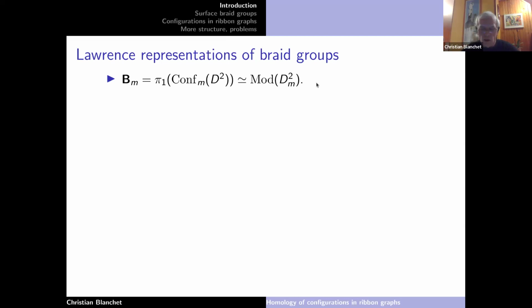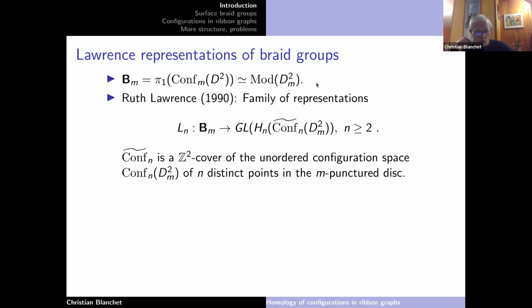And what Ruth Lawrence did in '90 is a family of representations from the classical braid group to the linear group of homology of a covering space, a Z2 cover in fact, for unordered configuration in the punctured disk.